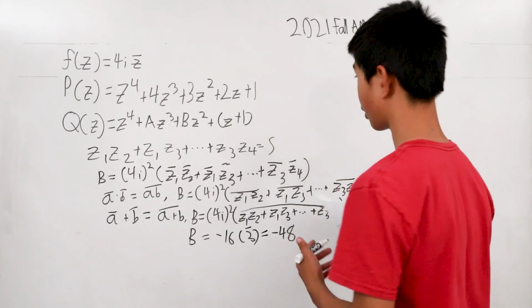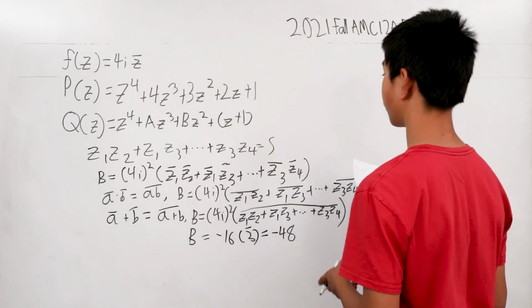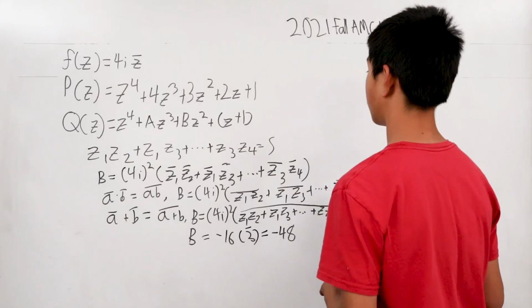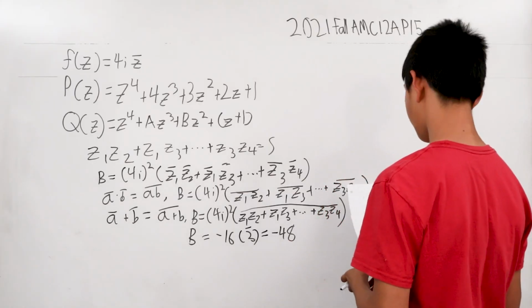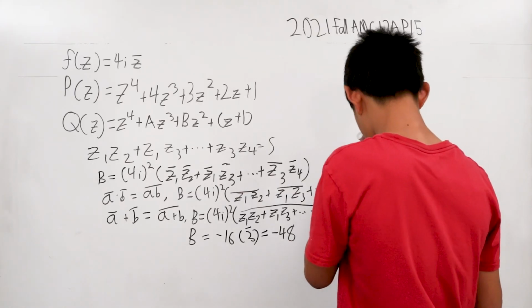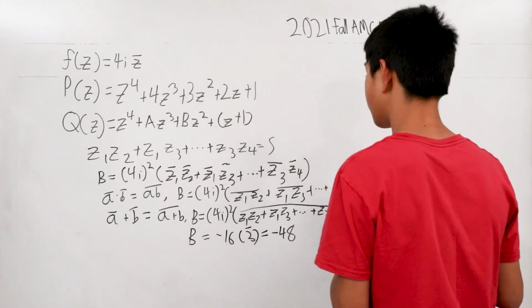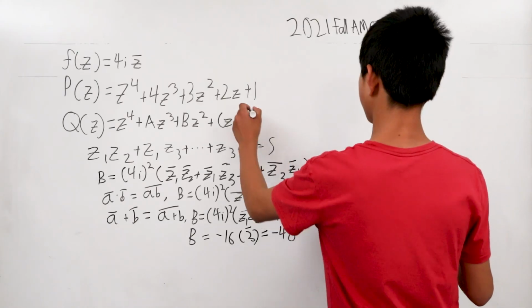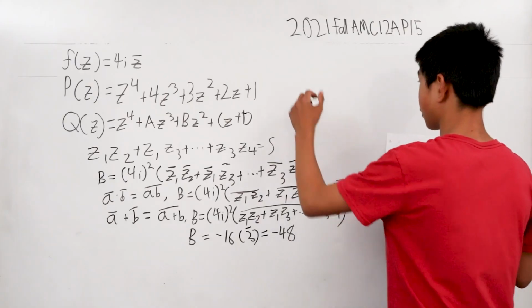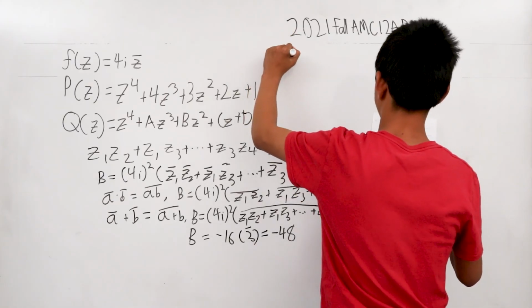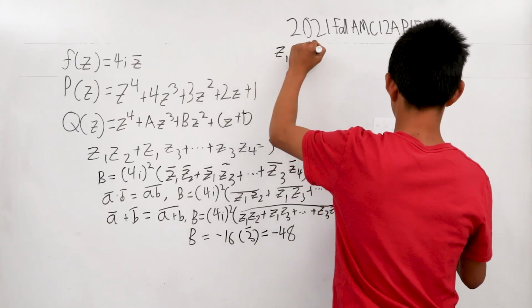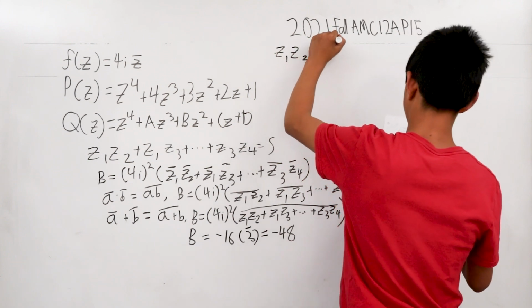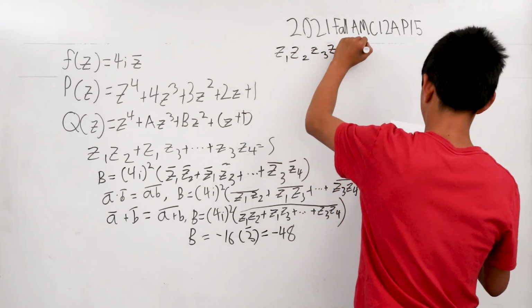So we can use the other Vieta's properties for the second one, d. Basically, what we can do is multiply all the roots together again. By Vieta, z1 z2 z3 z4 is 1.